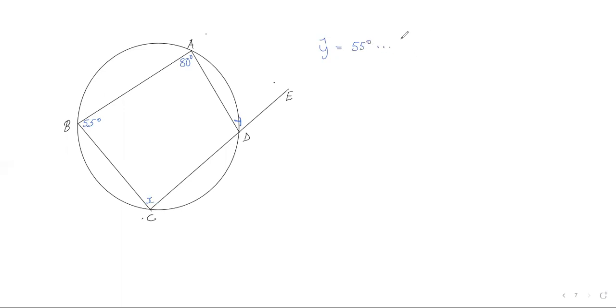And the reason is that an exterior angle of a cyclic quad, we mean that this angle here is equal to that angle there.